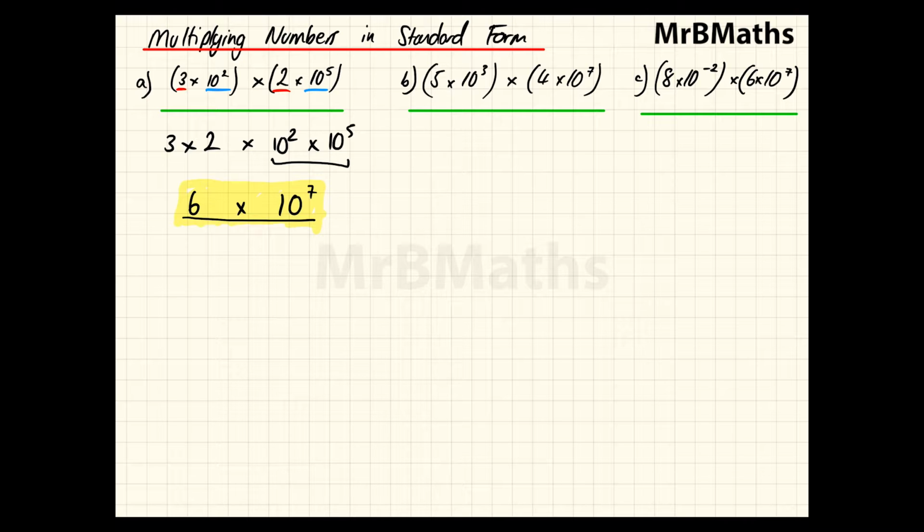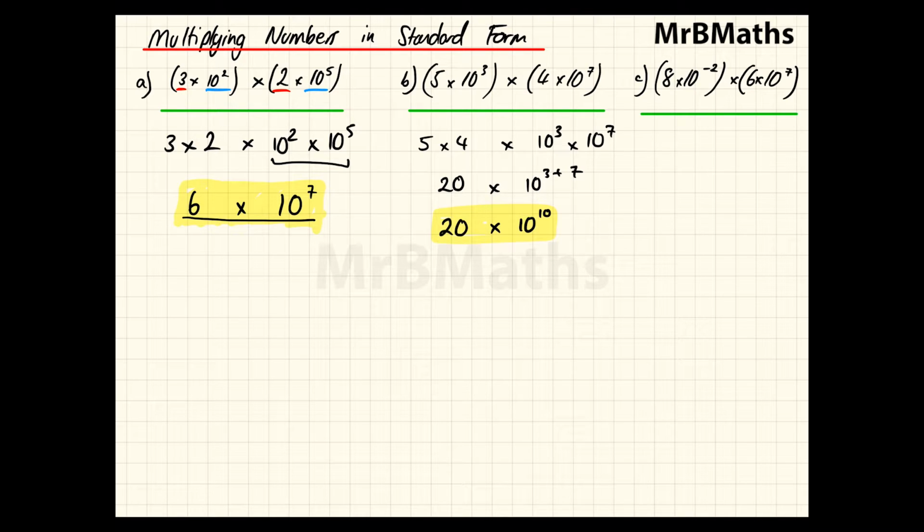Okay, so first step, even if you know how to do this, always write it out and demonstrate your working. It's a good habit to get into. So 5 times 4 times 10 to the 3 times 10 to the 7. 5 times 4 is 20 times, and then we can write 3 plus 7, 20 times 10 to the 3 plus 7, which is 10 to the 10, and this is our answer.